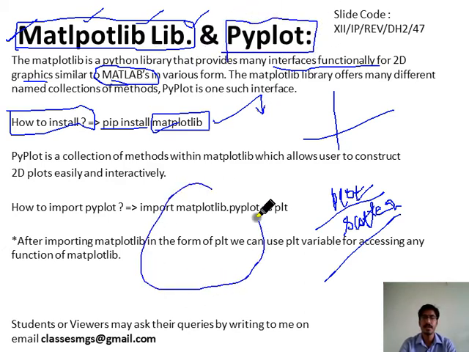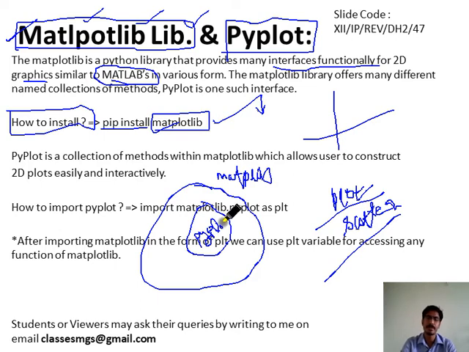Matplotlib is a bigger library, a set of Python code, and there is another library inside matplotlib, that is pyplot. So pyplot is part of the matplotlib library, not a separate library. Keep this in mind.